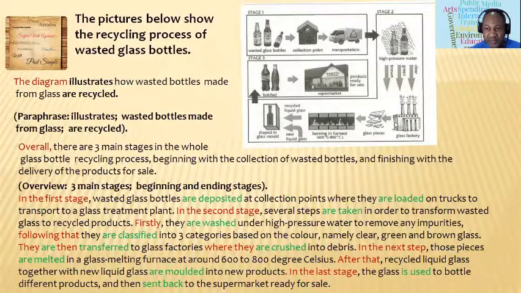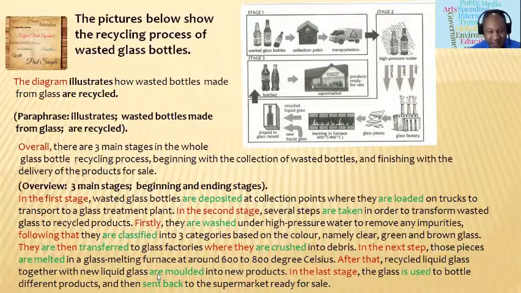In the next step, those pieces are melted in a glass melting furnace at around 600 to 800 degrees Celsius. After that, recycled liquid glass together with new liquid glass is molded into new products. That should say is molded.